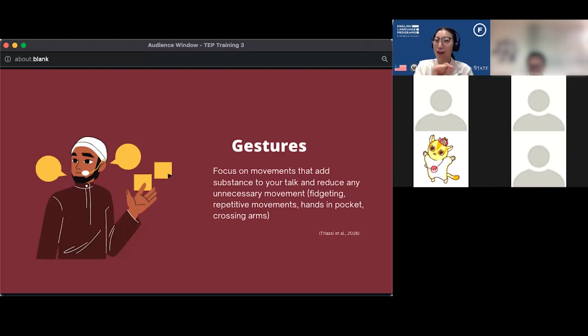So maybe they are circling the part where they are numbering off, or the part where they are comparing two things. And by actively adding that in and thinking in advance what gestures they will do, it will hopefully help them to add that in when they are doing their speech.